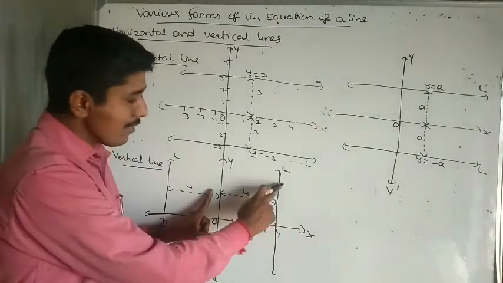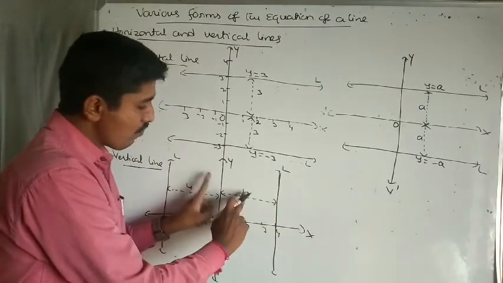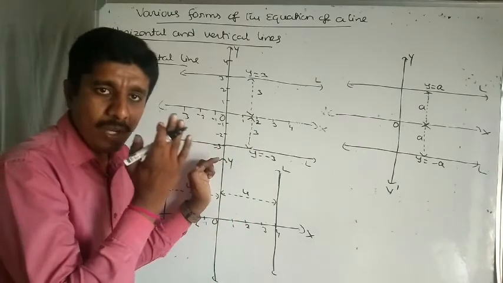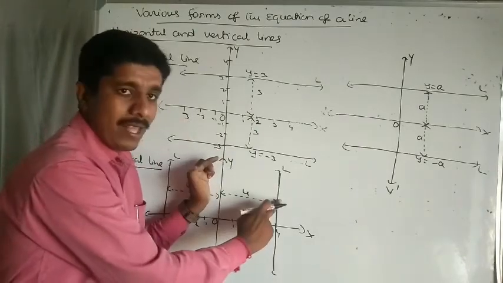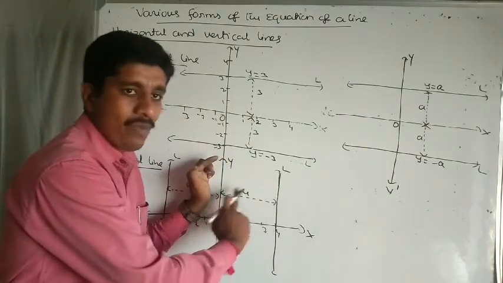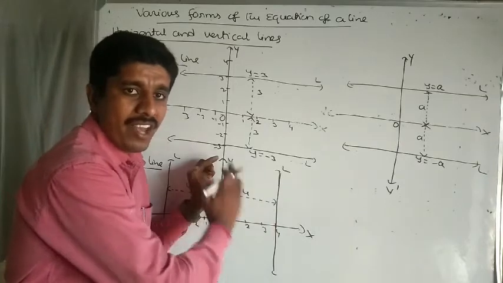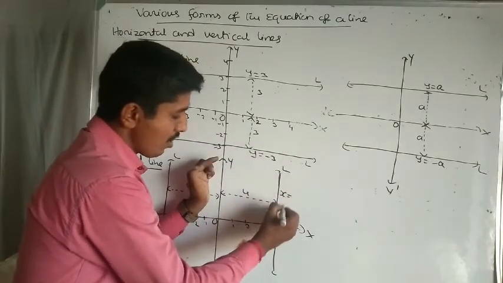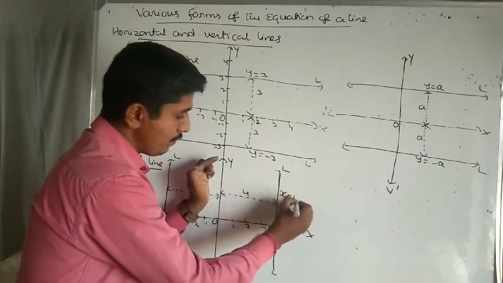Therefore, the equation of this line is x equal to plus 4.